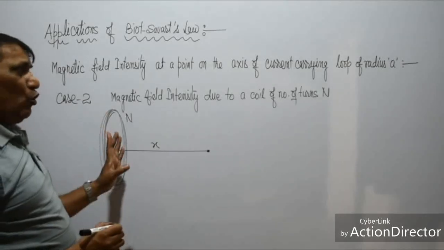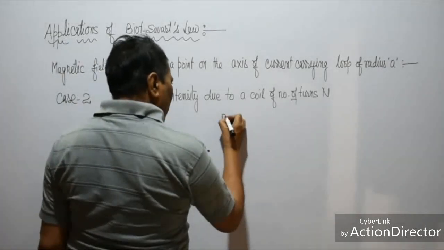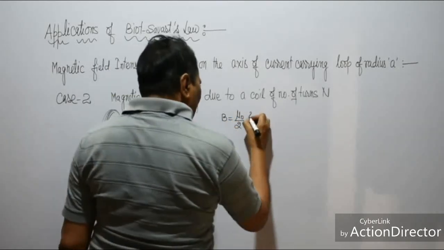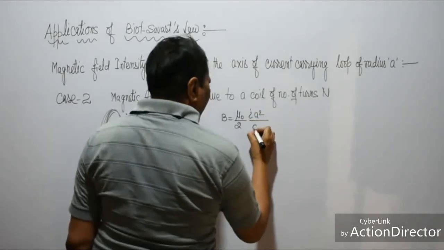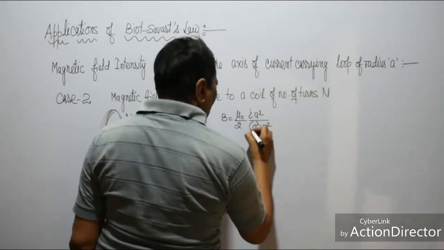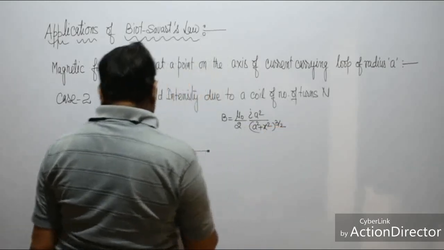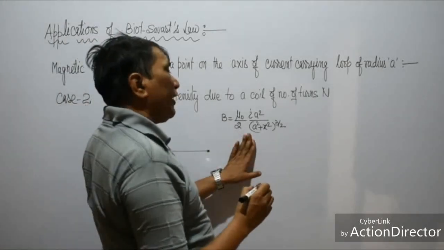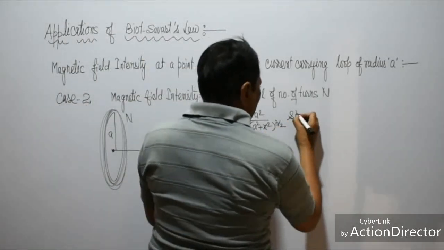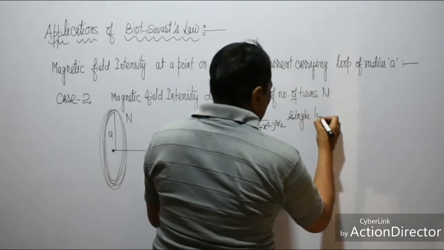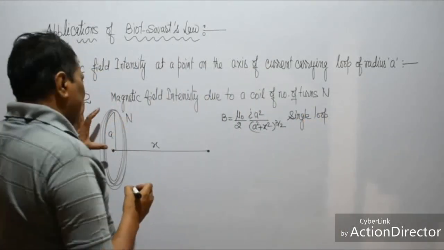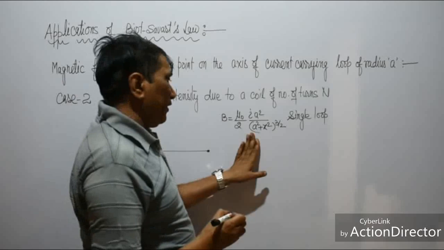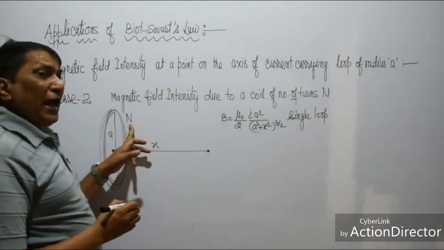Due to a single loop we have B equal to mu 0 upon 2 I a square divided by a square plus x square raised to power 3 by 2. This is the radius a. This expression was due to a single loop. And in case there are capital N turns, then this field gets strengthened by N times.